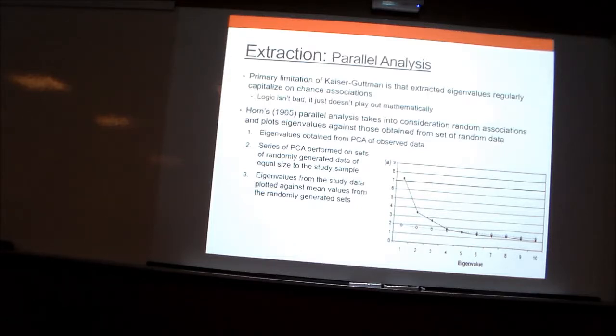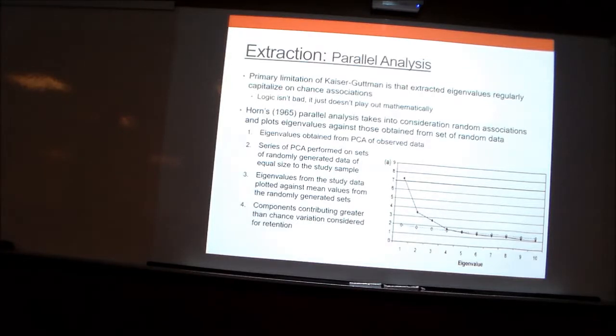We would plot the eigenvalues from our actual data against the average eigenvalues that we would collect across, say, a set of 10 random principal components analyses. The idea is that if this is the scree plot from our data, and this is the scree plot that we would get on average from a randomly generated set of numbers of equal size and parameter to my original set, then I probably shouldn't be extracting more components than I would expect to get from just randomly generated data.